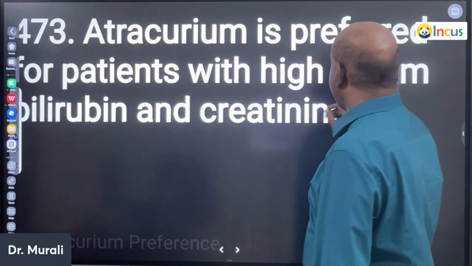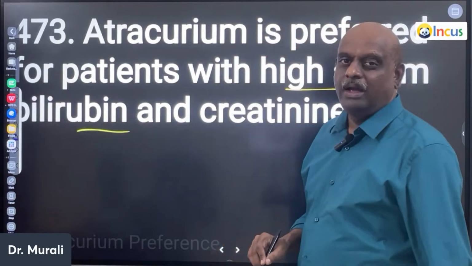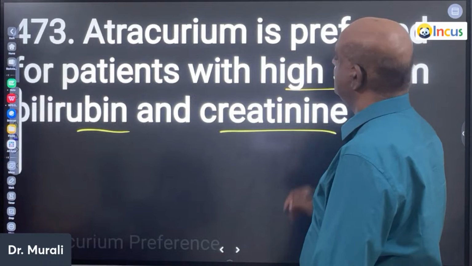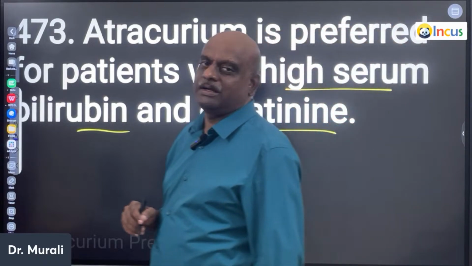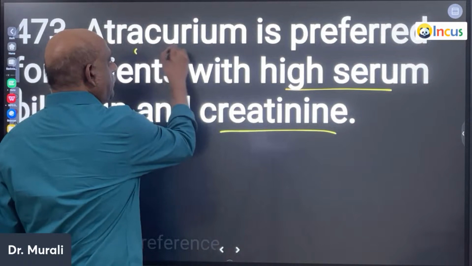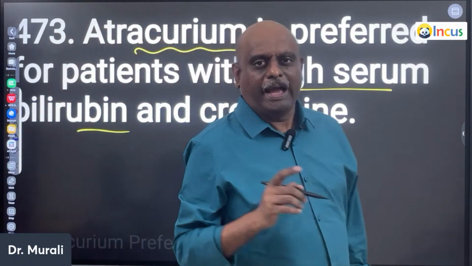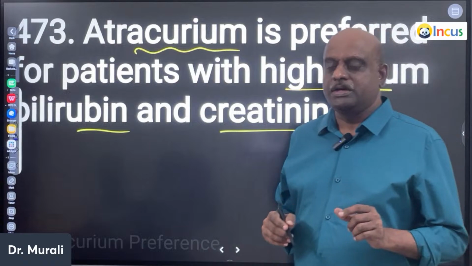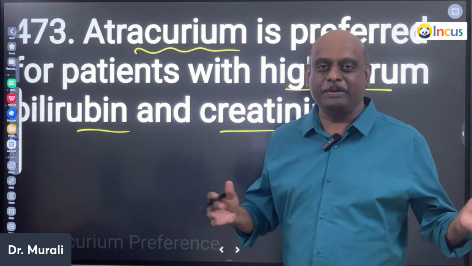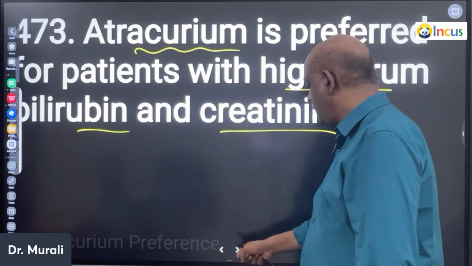So whenever the patient has a very high serum bilirubin and also high serum creatinine, what is the agent which is preferred? It is atracurium which is preferred whenever the patient has renal failure or hepatic failure, because atracurium is metabolized by non-enzymatic degradation, is what you need to remember.